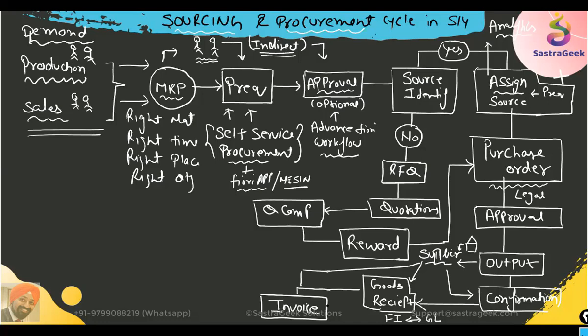Once the invoice has been created, it can also go for an approval process. Then it will go for scheduled payment. Payment would be scheduled for the vendor, and based on the payment terms, the vendor will get the payment.